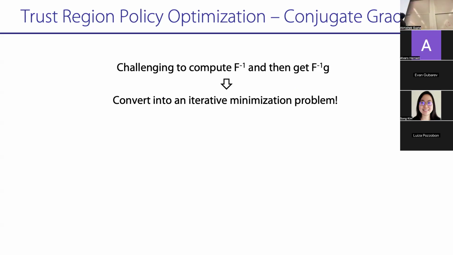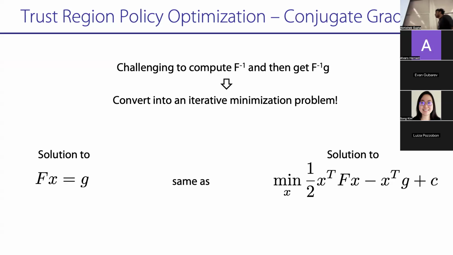Okay, so what we're going to first do is convert this problem where we're explicitly computing F inverse into some sort of iterative minimization problem. So essentially what we want is the solution to Fx equal to G. Fx equal to G will give us F inverse, so x will be F inverse G. And you can show it's the same as the minimum of this quadratic problem.